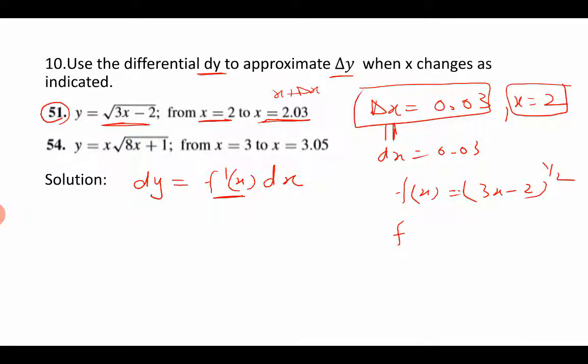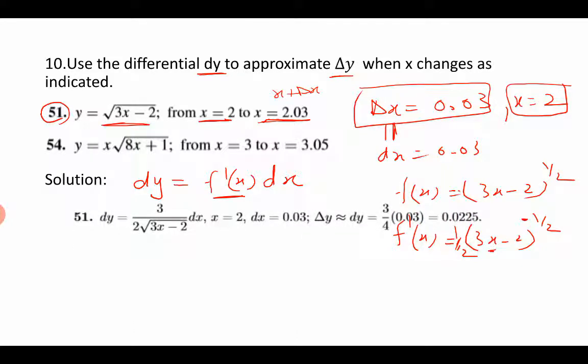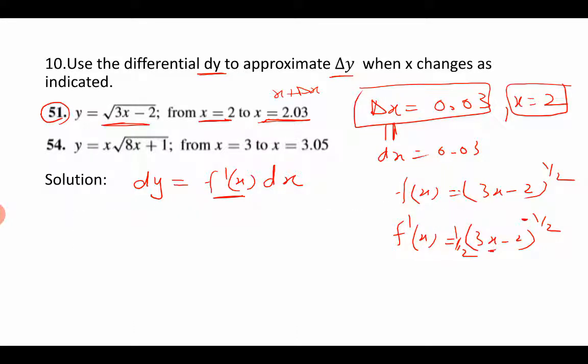So when you differentiate this term, what do you get? Half times 3x minus 2 to the power negative half, isn't it? And then differentiate 3x, you will get 3.